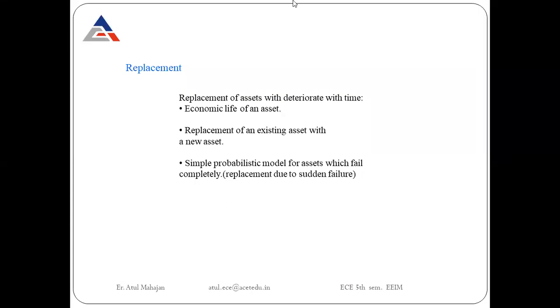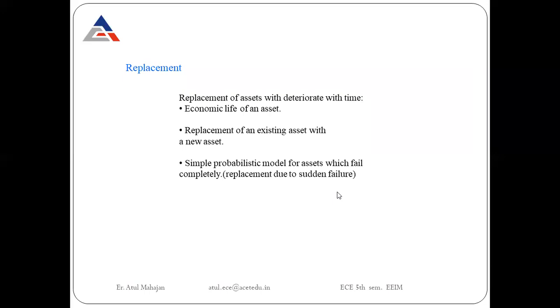Okay, then the simple probabilistic model for assets which fail completely: replacement due to sudden failure. Some machines work on certain algorithms or probabilistic models. If they suddenly fail to work, that is, the algorithm is not working, then there is a sudden need to replace it.